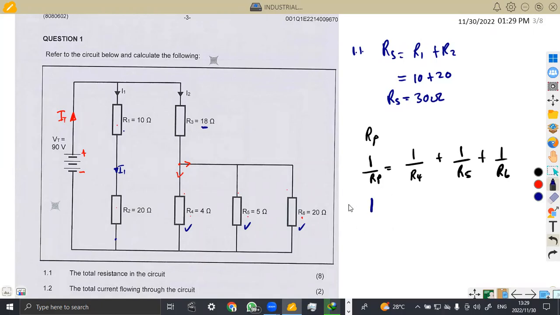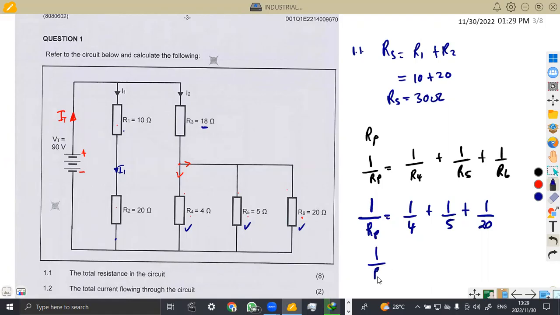So now let us insert the values. That is 1 over Rp. So make sure, guys, when you are inserting the values, you are going to insert them properly. Okay, so 1 over Rp, which is the parallel part, is going to be 1 over 4, R5, which is 5 ohms, so it's 1 over 5, plus R6, which is 20 ohms, so it's 1 over 20.